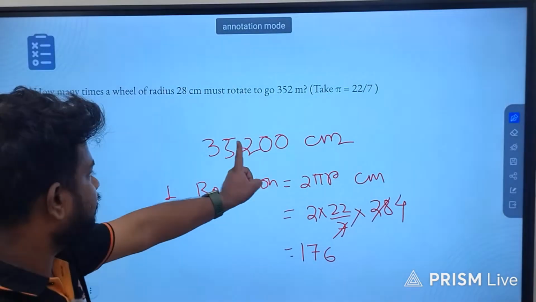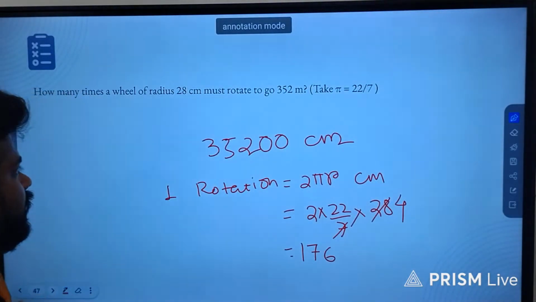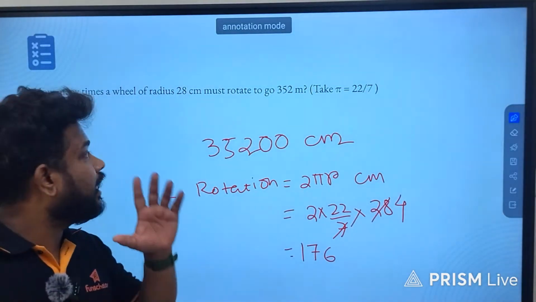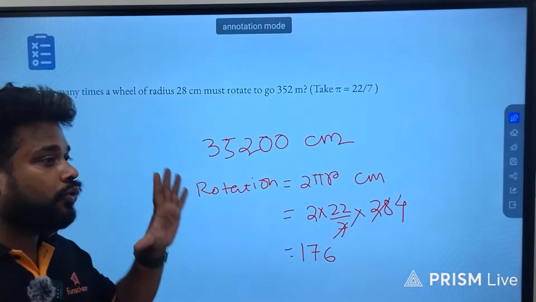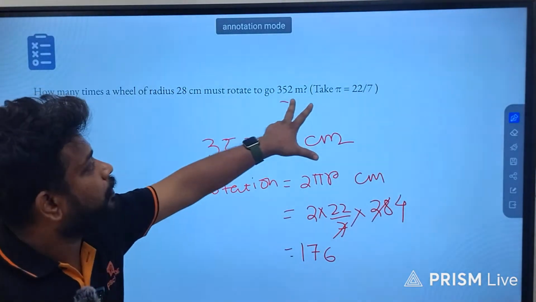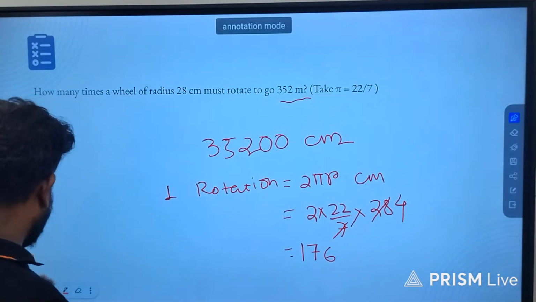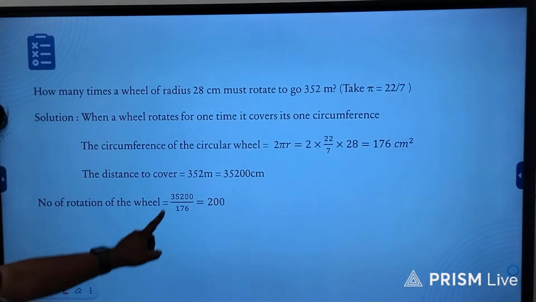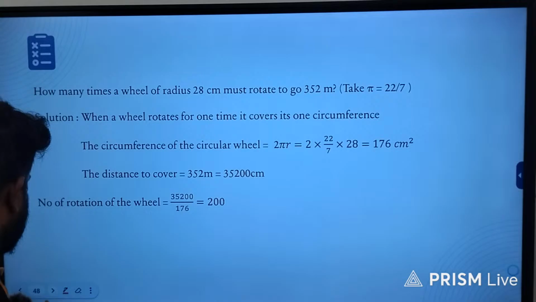Now divide this by this, you will get the value of how many times the wheel has to rotate to go up to the distance of this. Yes, they have done it.